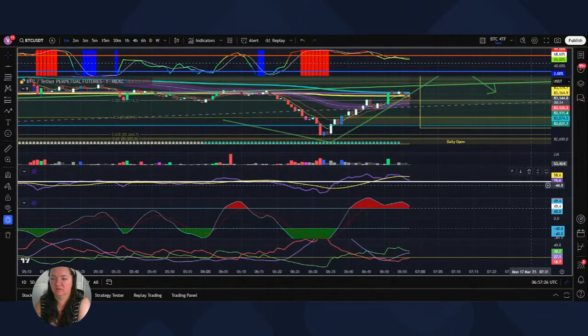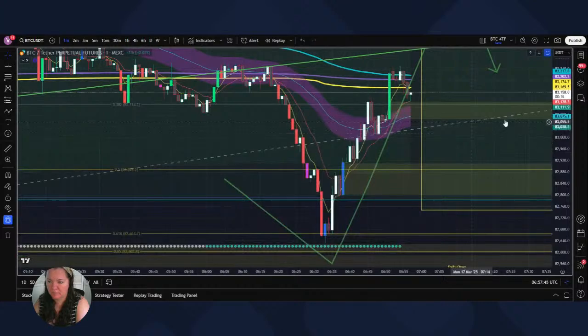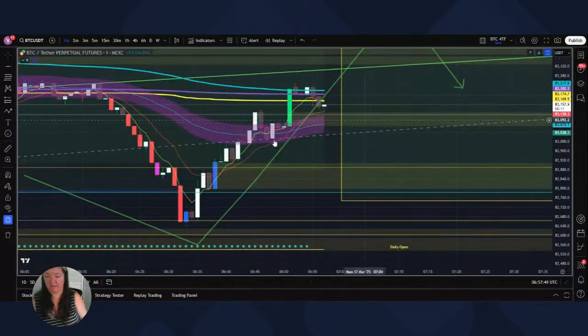You need to have the confluence of the other indicators to show that. So here we go. This ADX is slightly moving up, and as long as we're above the 0, it's still looking pretty good. And we're bouncing off the 13.